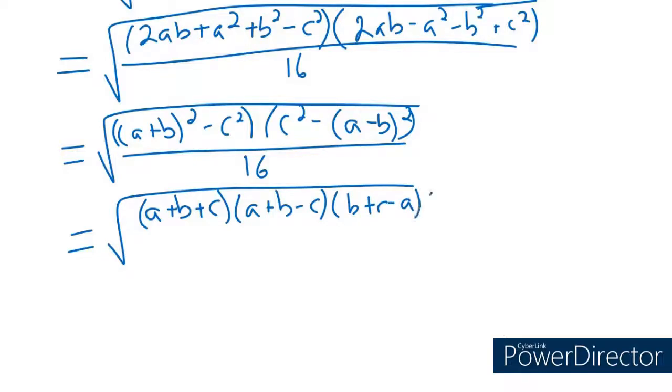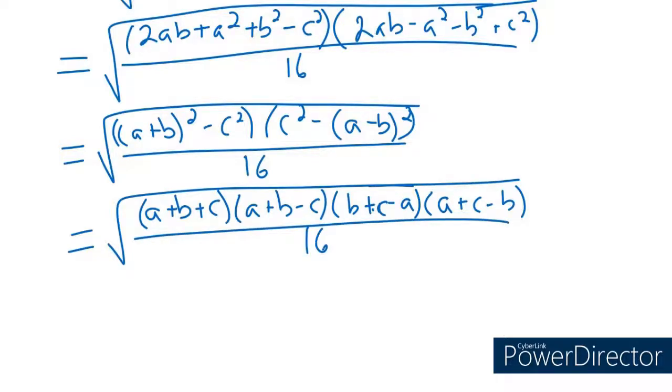Basically factoring everything out, and we get this. Now we know that 16 is also equal to 2 to the 4th power. So if I write this 16 that way, I can separate all of these fractions out.